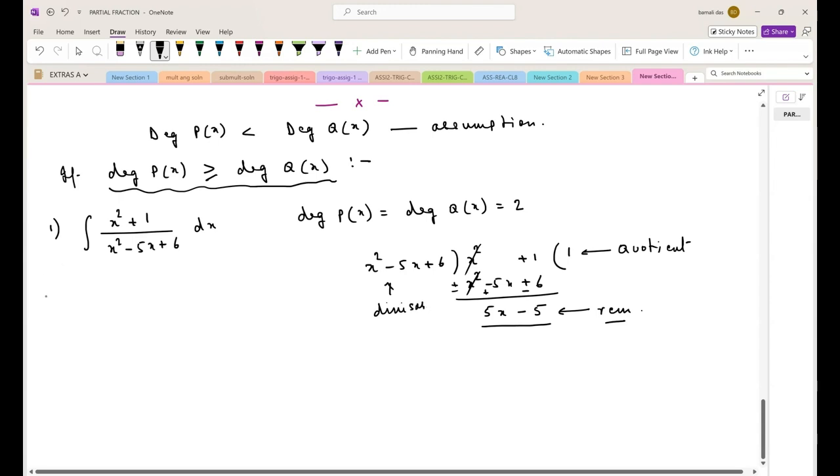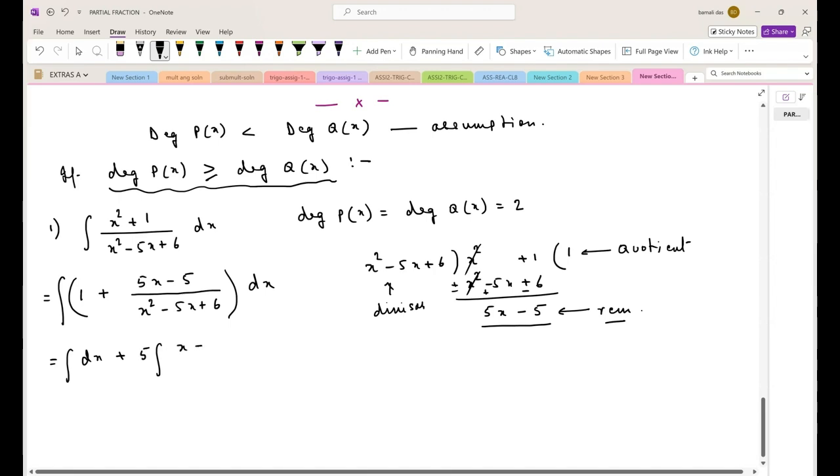So now I can write the integral in this form, that is quotient plus remainder by the divisor, x square minus 5x plus 6, dx. Then you will separate it. You can take 5 common if necessary.